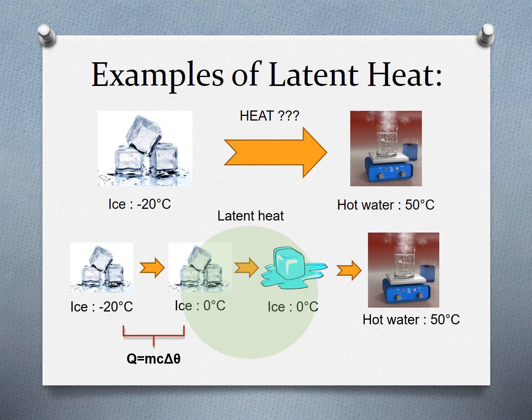Now, the change from ice at minus 20 degrees Celsius to ice at 0 degrees Celsius, we call Q equals mc theta. Then, from ice at 0 degrees Celsius to water still at 0 degrees Celsius, we call it Q equals mL.